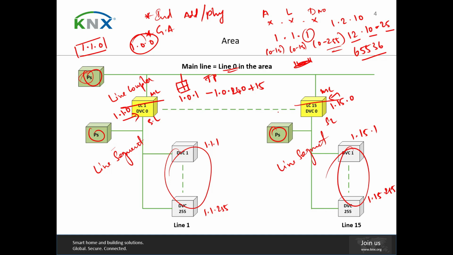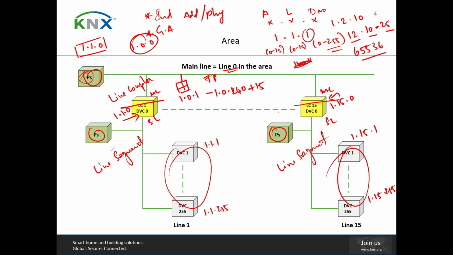It's very rare that you will cross more than 5000 or 6000 devices in an installation. But with just one area with 15 lines, you can have more than 3750 devices. So this is how an area and a line is created in a KNX installation.